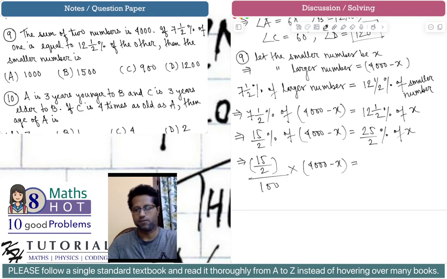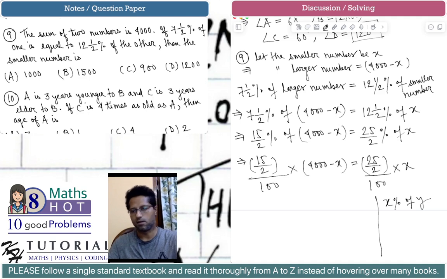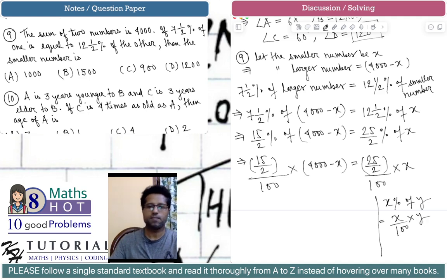Similarly, the right hand side will be 25 by 2 by 100 multiplied by x. The concept of percentage is that x percent of y, where x and y are some numbers, is equal to x by 100 multiplied by y.